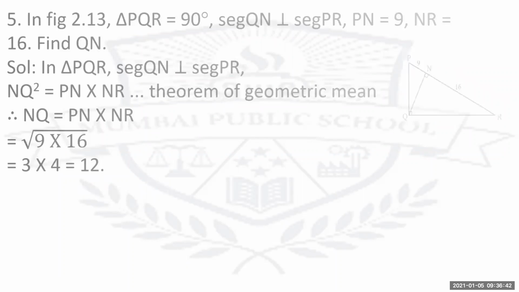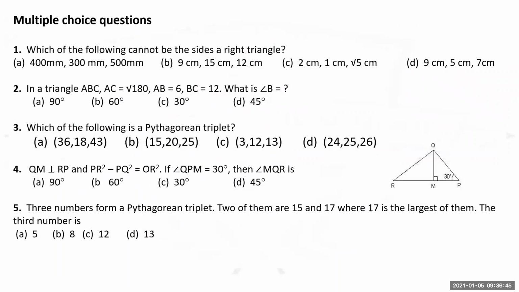Now we'll move ahead to the multiple choice questions. Now you all can solve this, and if anybody knows the answer, can tell the answer. Which of the following cannot be the sides of a right triangle?